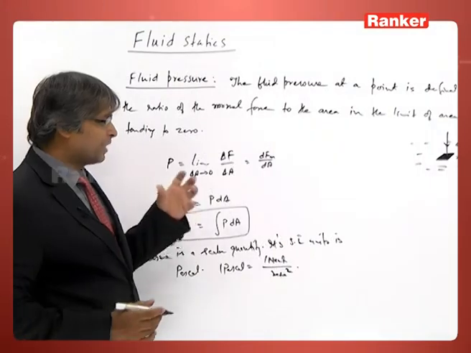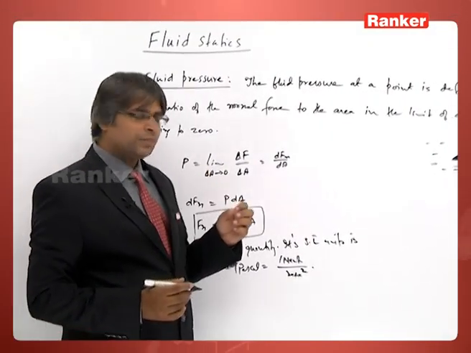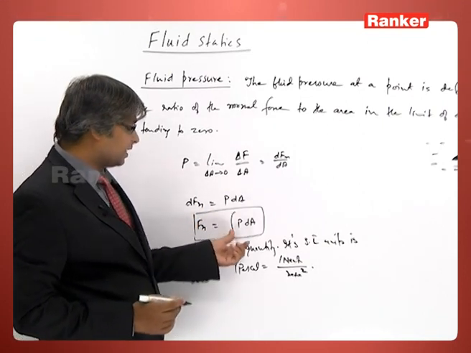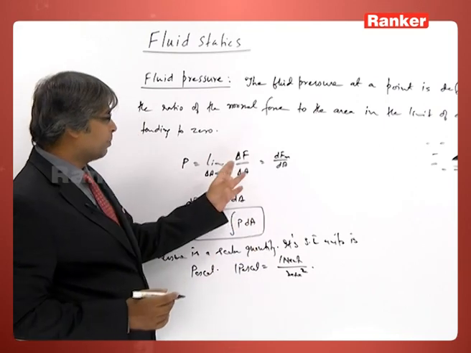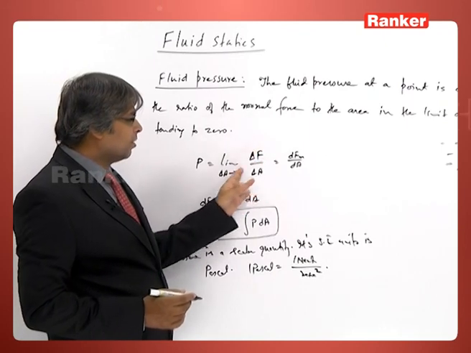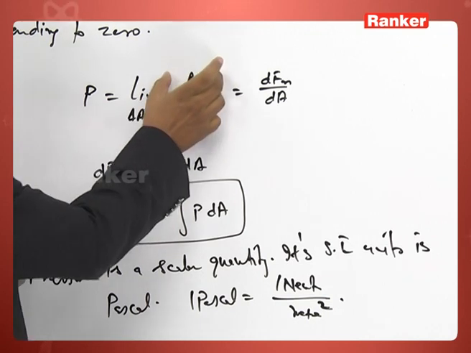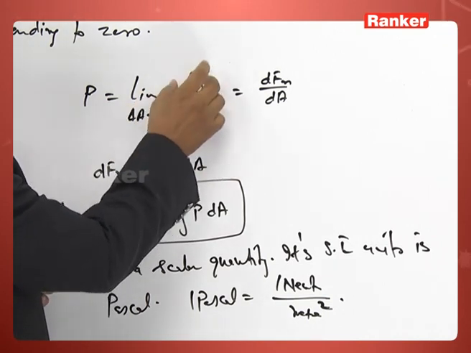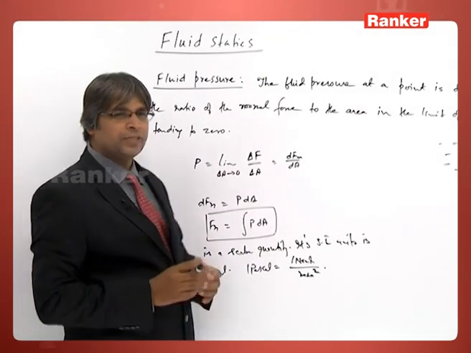So, we see that pressure is a scalar quantity and the total force acting on any area will be integral P into dA. We define fluid pressure as the force acting per unit area, and technically that area is small, that means limit delta A tends to 0, delta F by delta A. So, this is how we define pressure.